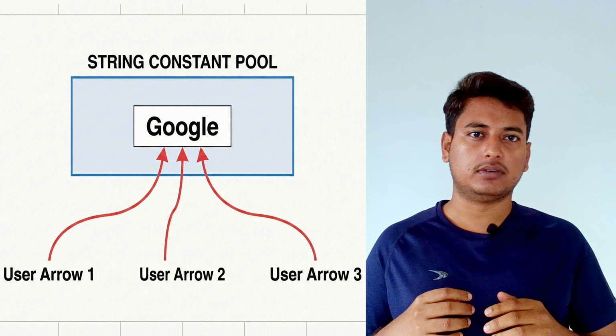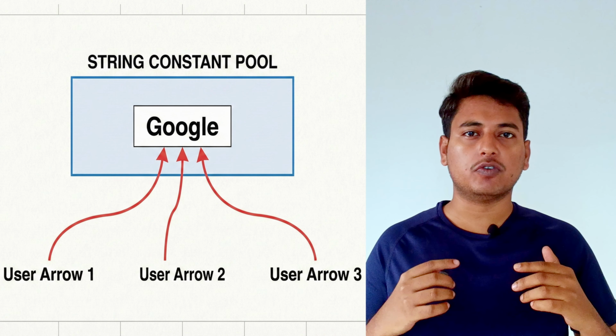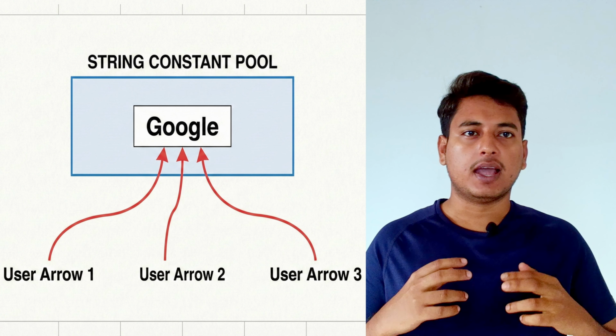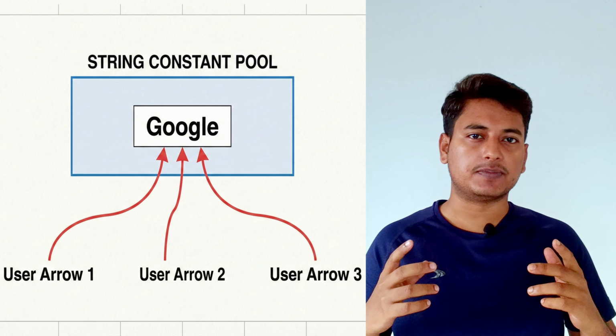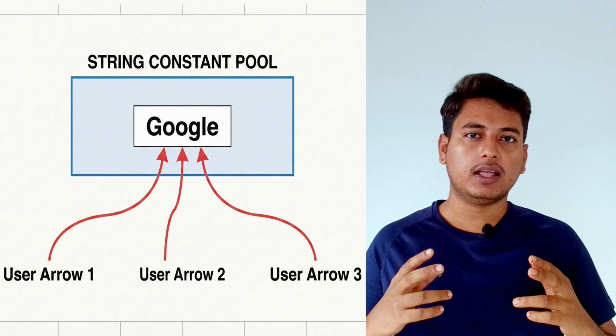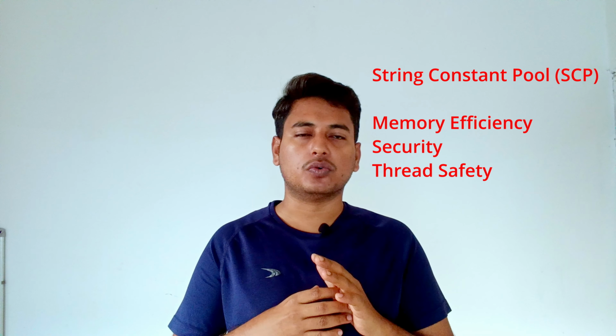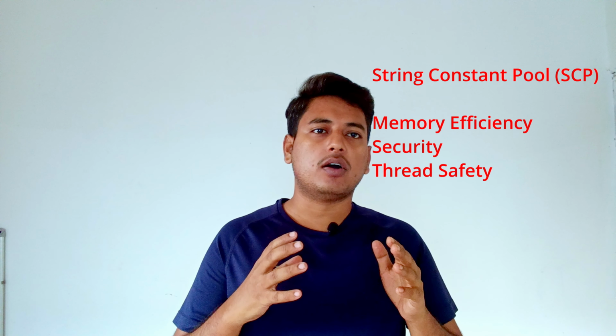If 10 users type the word Google, Java only creates one string in memory and references it 10 times. If a string were mutable and one user changed that string, it would change for everyone else connected to that reference. That would be a security disaster. Also, it makes strings thread safe automatically because, well, you can't change them.